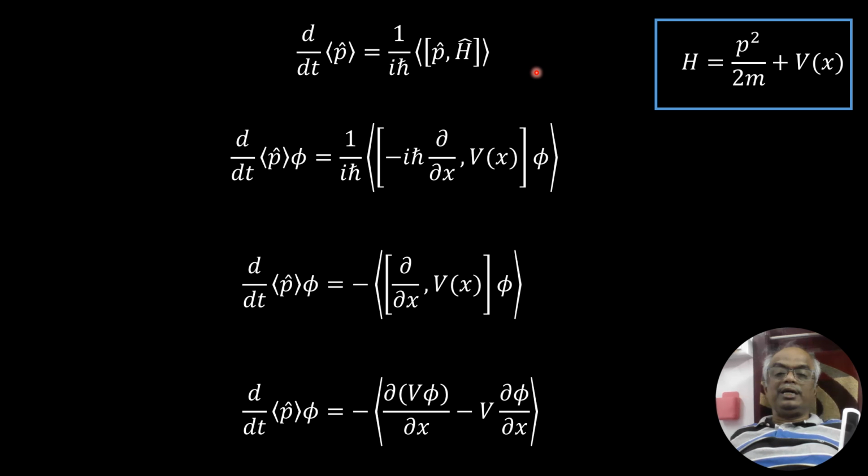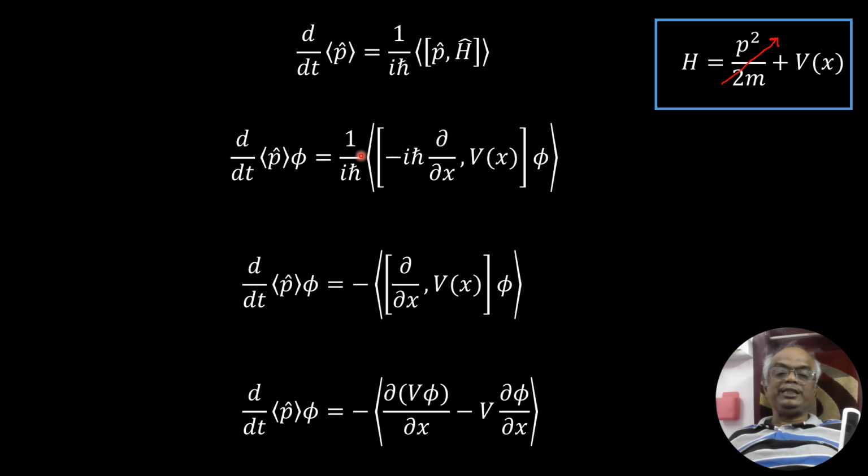So now the Hamiltonian is p squared over 2m plus V of x. Here p squared will commute with p, so this can be ignored. The only thing is V of x. So we can write the time derivative of the expectation value of p. We are taking an arbitrary function psi.